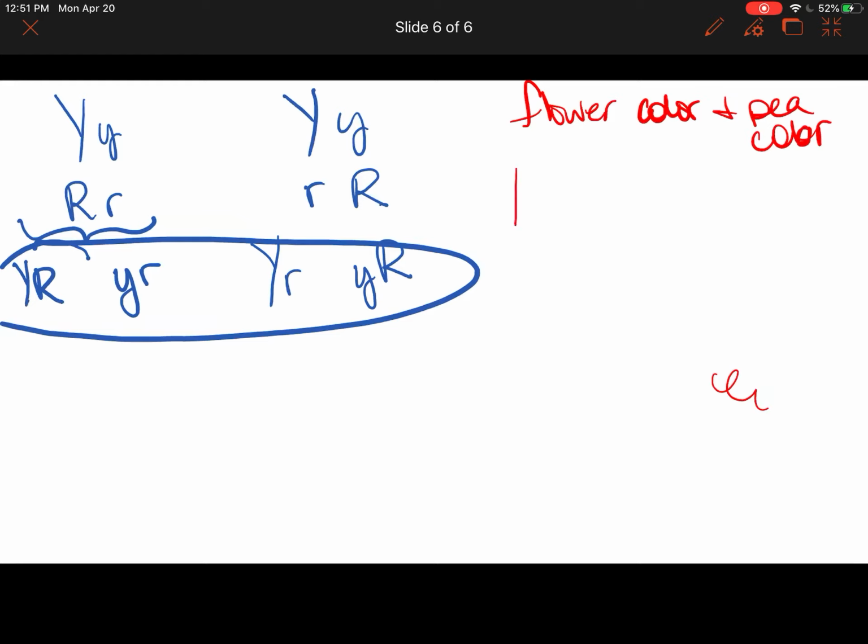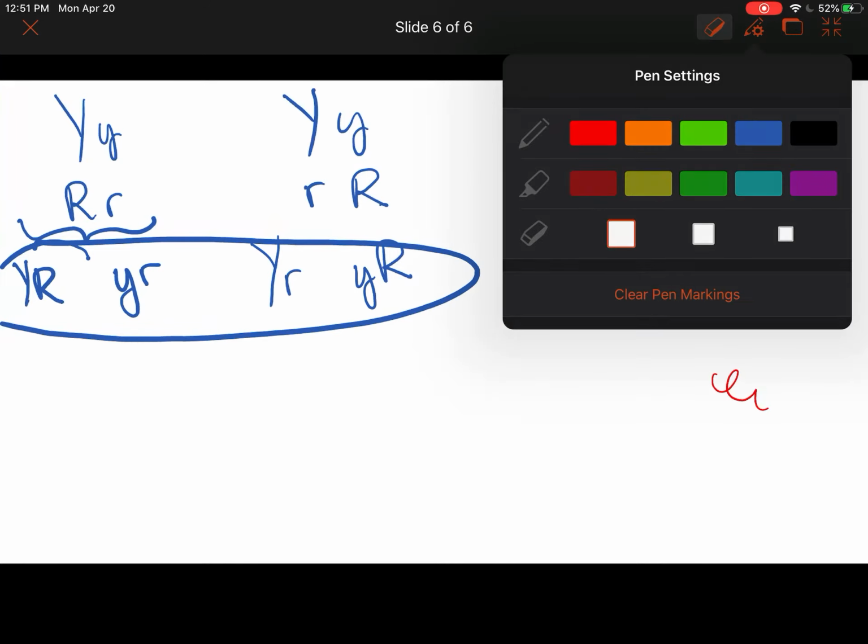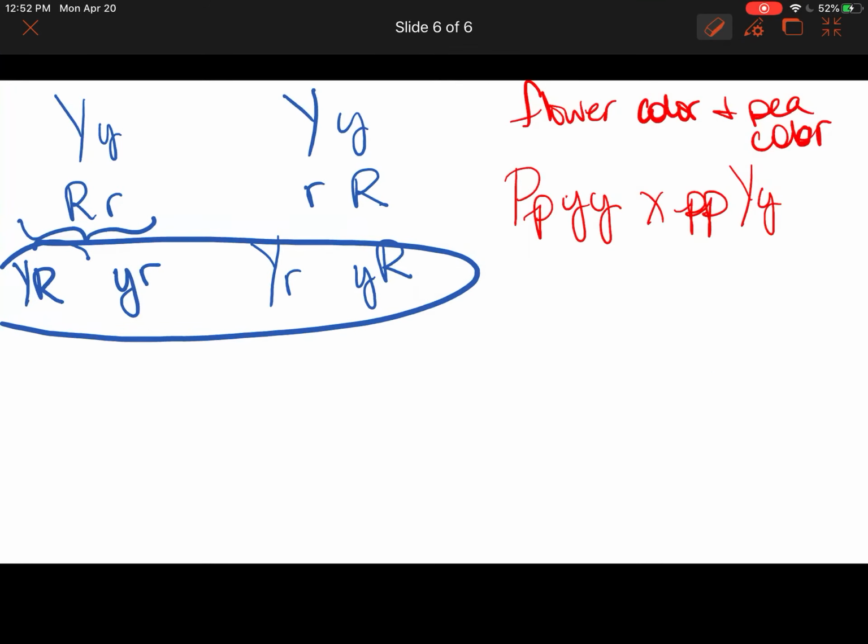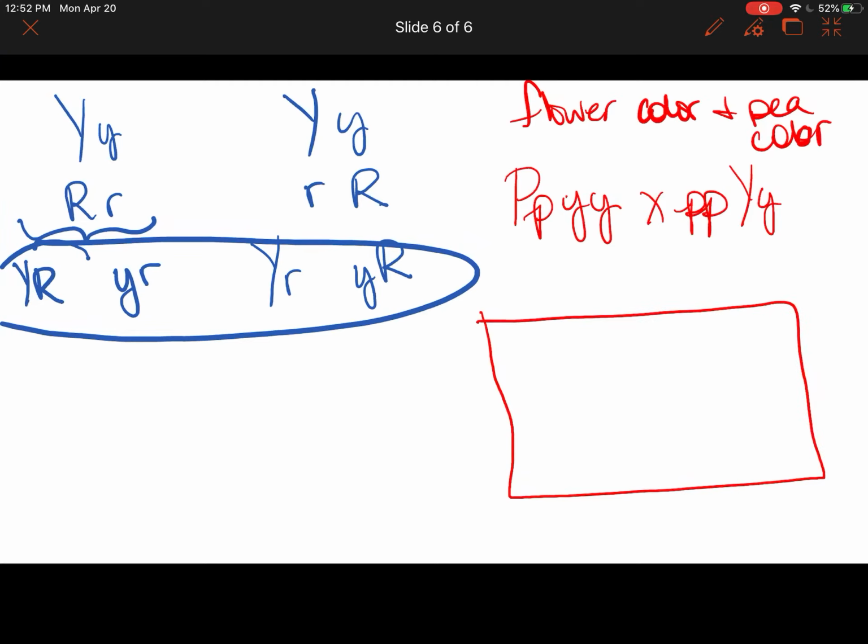Let's say we've got heterozygous purple flowers with green peas crossed with white flowers and yellow peas. What is that cross going to look like?